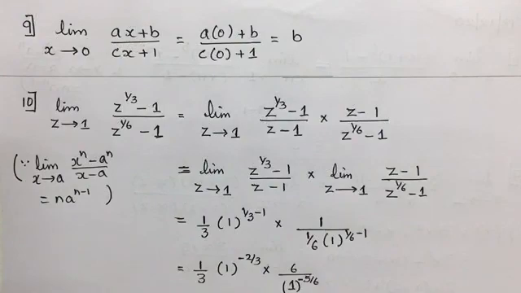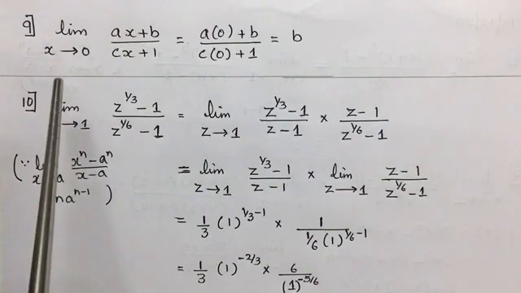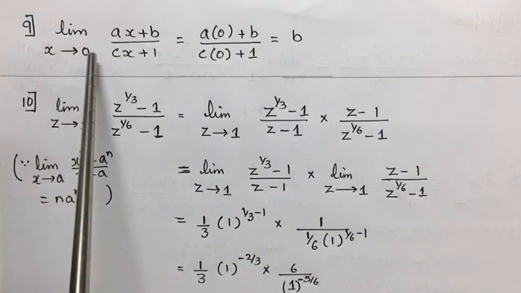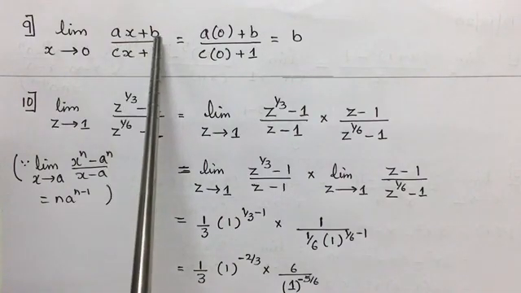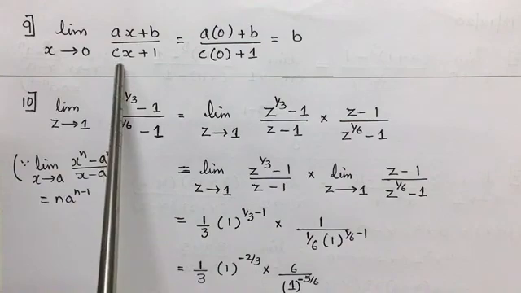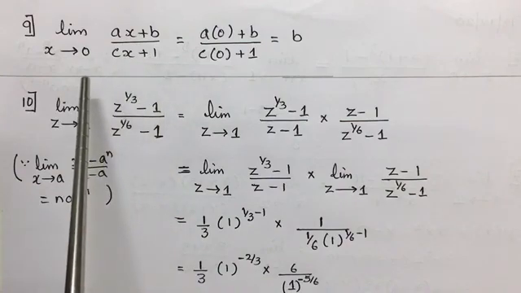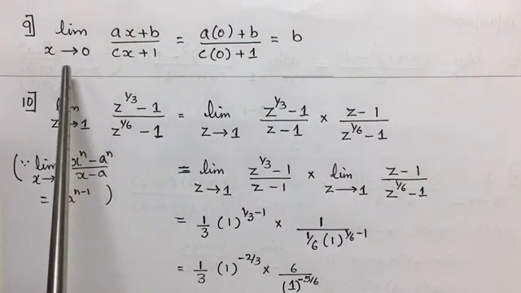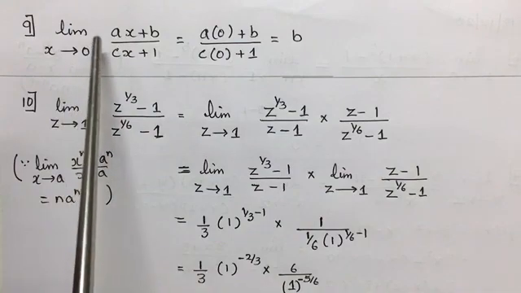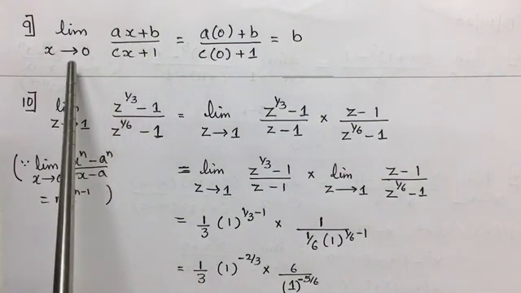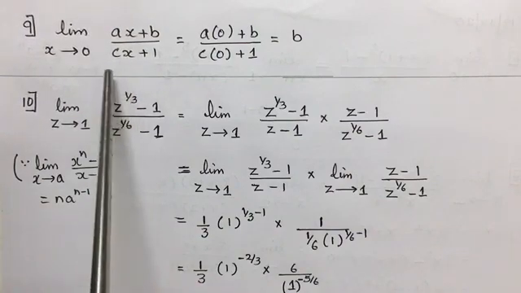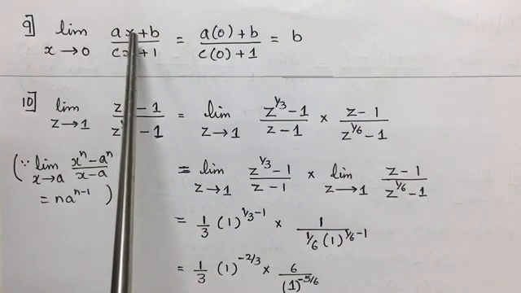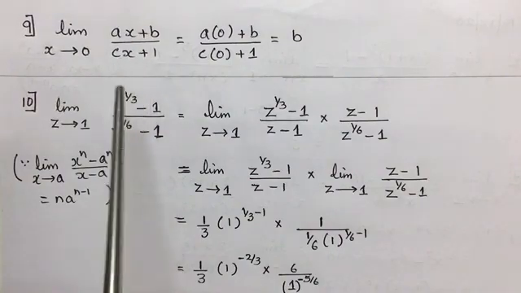Example number 9. Given is limit x tends to 0, ax plus b divided by cx plus 1. Now here, if we put the value of x directly as 0, then we don't get 0 upon 0.